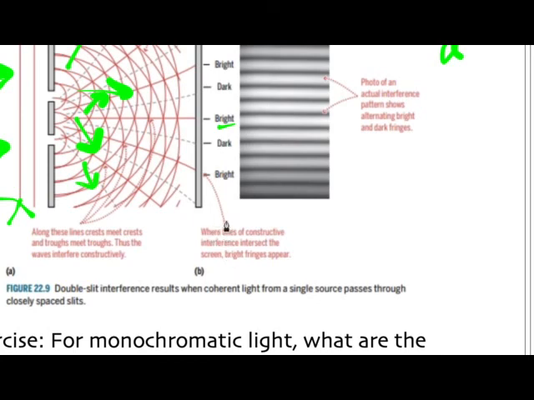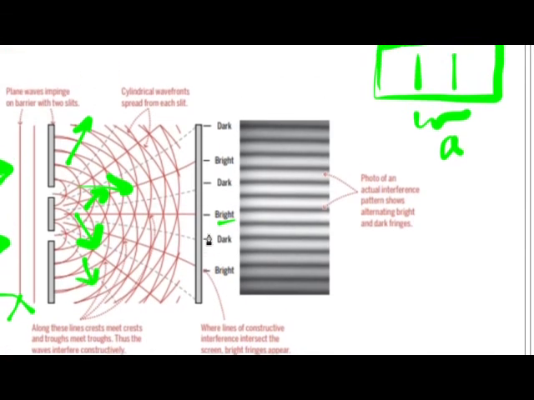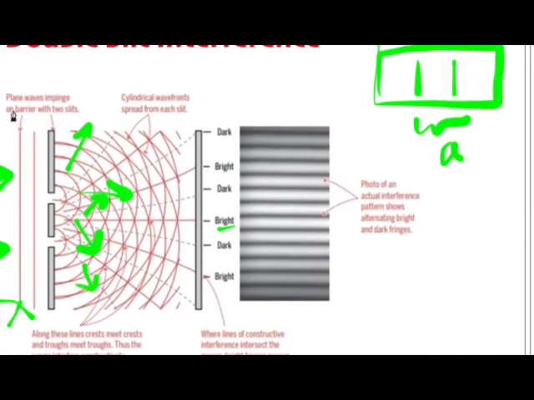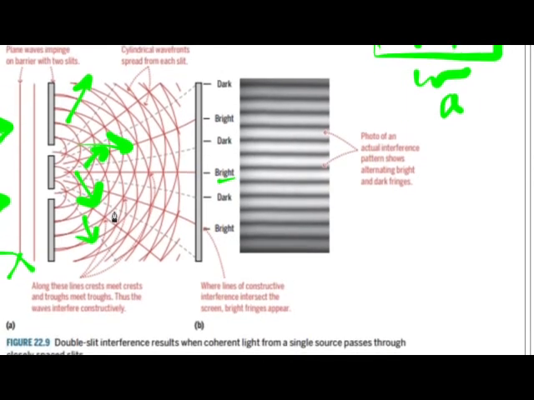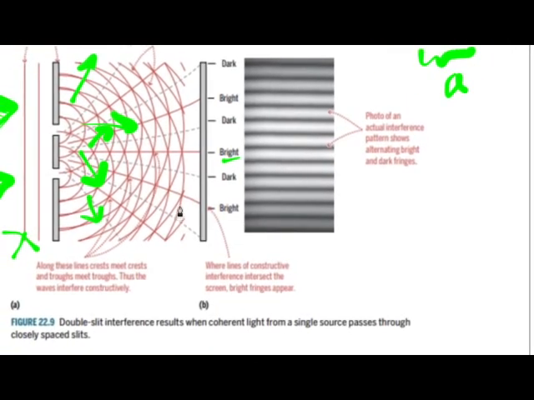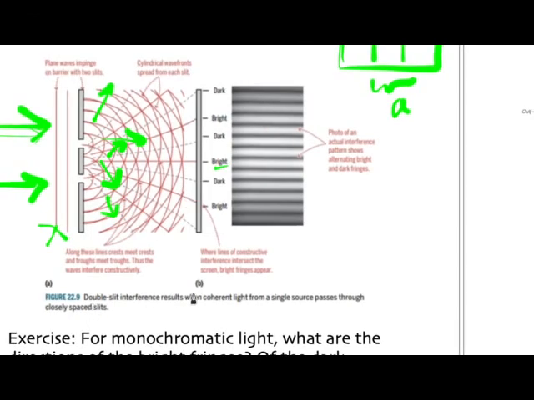Where lines of constructive interference intersect the screen, bright fringes appear. So these are the cylindrical wave fronts I mentioned, plane waves incident, and the interference pattern. So double slit interference results when coherent light from a single source, so these are all in phase, pass through closely spaced slits.